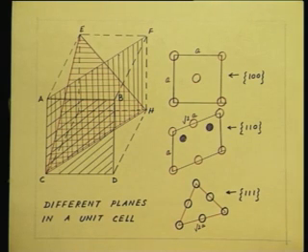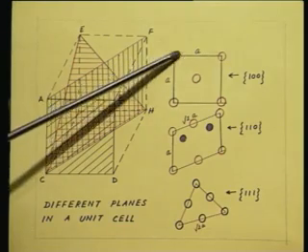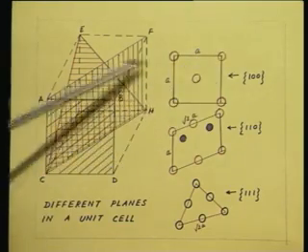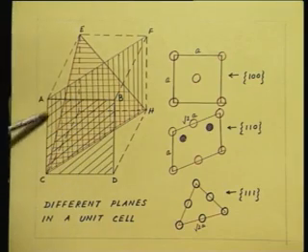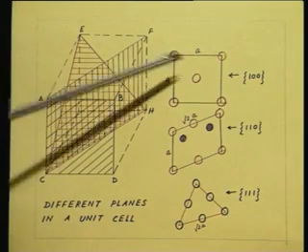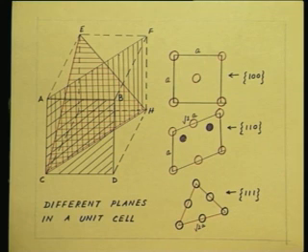Now, why do I say that the properties of these planes will be different? Look at this. Here I have taken just this plane ABCD and put it here along with its atomic configuration.